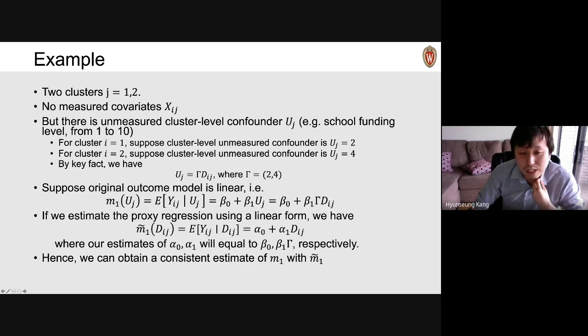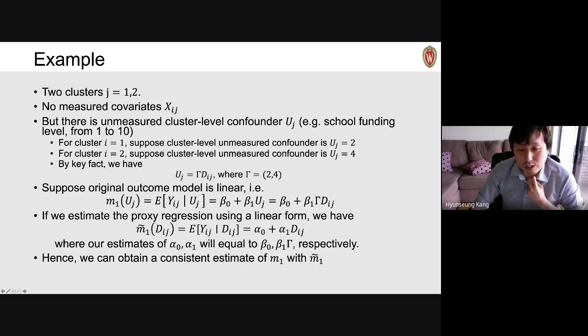By the key fact, even though we don't observe these 2 and 4, we know they must come from a linear functional of d, with gamma, which we again don't observe, being 2 and 4. Now, our goal is to replace this thing that came out in the doubly robust estimator with something we can measure. For example purposes, let's say the true model is linear.